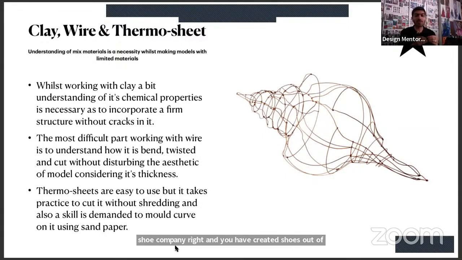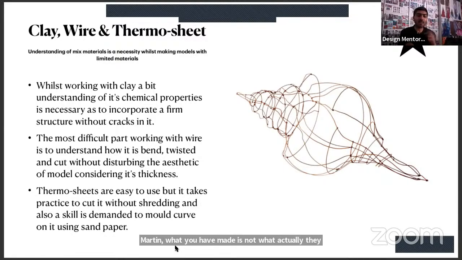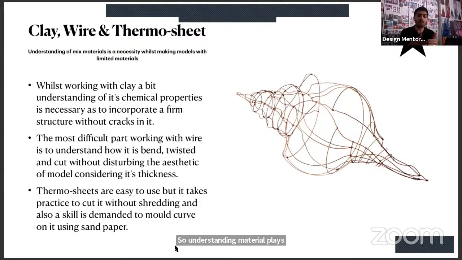You have placed them on paper structures, but then your clay will start sagging and your paper structure will also collapse. After 3 to 4 hours, when the examiner comes to see your model, what you have made is not what they will actually see. And you will think, okay, I had the best model, but no. So understanding material plays a vital role.